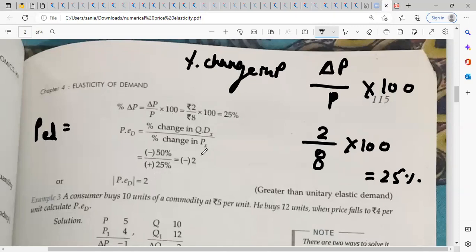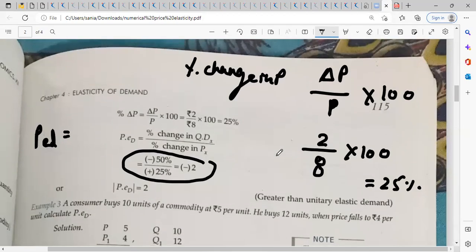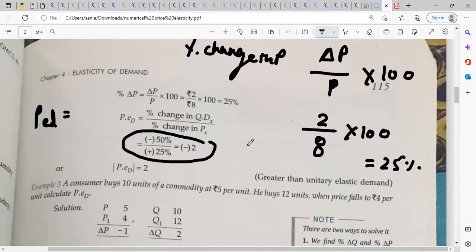Your answer was minus 2, so you will ignore the minus and write PED equals 2. So this is also greater than unitary elastic demand. Greater than 1 means greater than unitary elastic demand. Clear? If it comes to exactly 1, then it will be unitary, you will just write unitary elastic demand. But if it is less than 1, then you will write less than unitary, like this.